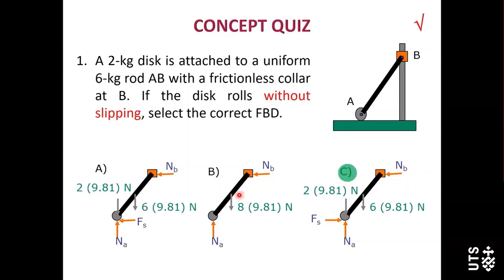This middle point is only the mass center point of the rod. If we have the disc and the rod AB, then the mass center point of this system should be between the mass center point of this rod and the mass center point of this disc. It should not be here.